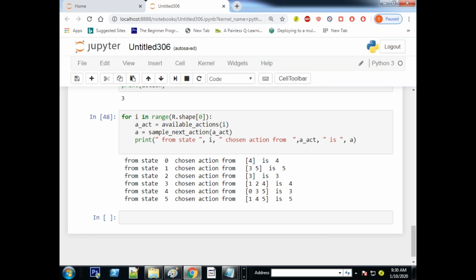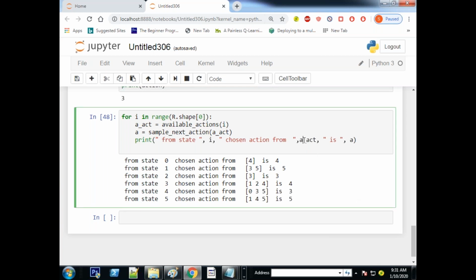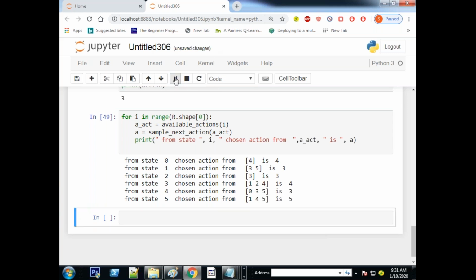Please don't take outputs. Once again, I am running, sir. Try to remember the output values. Any change? Once again.